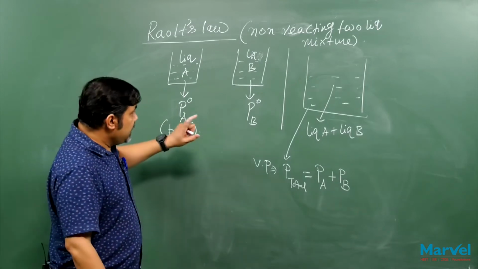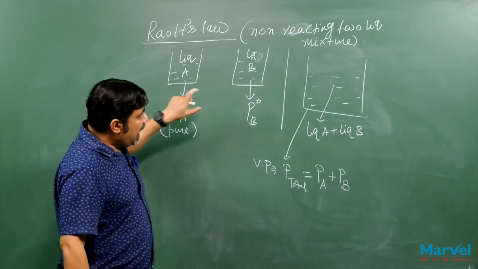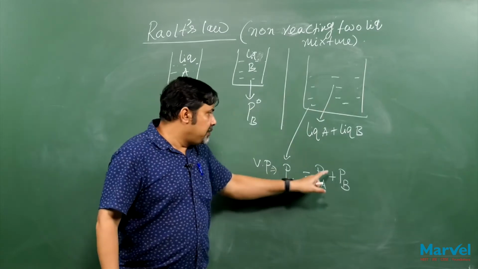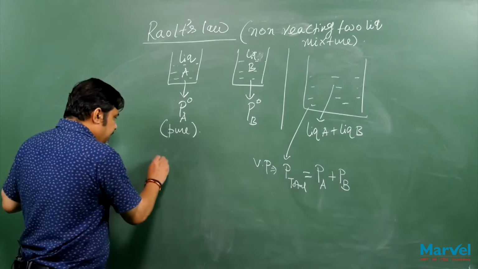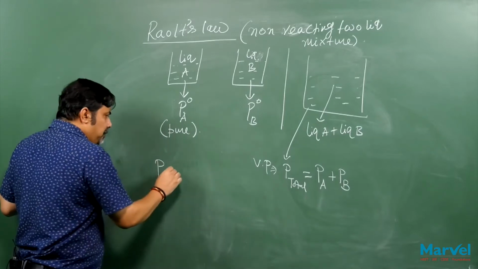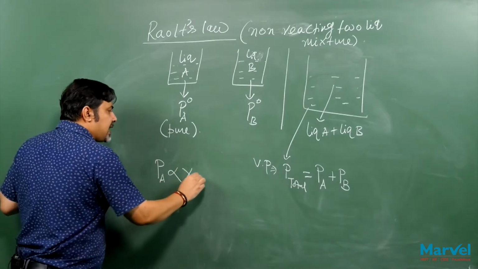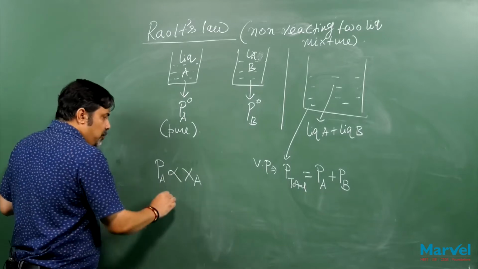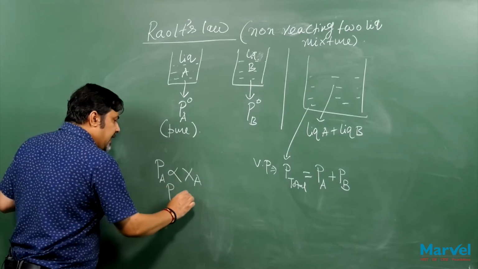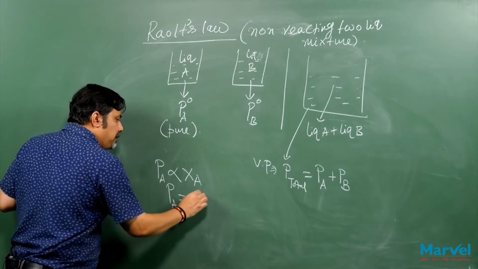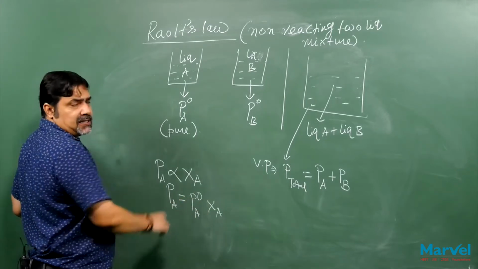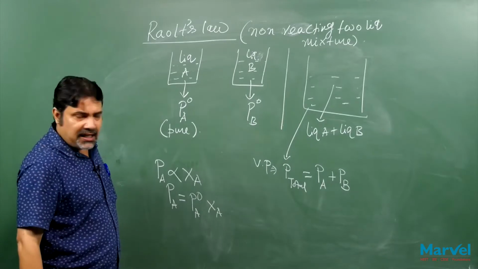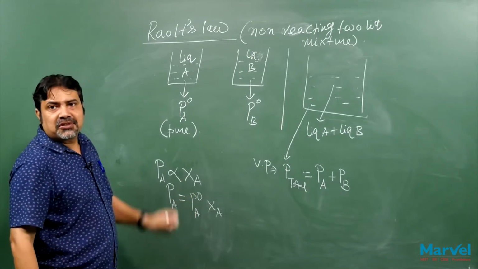So now in pure state it is PA naught, and in the solution the vapor pressure of liquid A will be PA. This PA is directly proportional to the mole fraction of A. If you remove this proportionality, then we can write PA equals PA naught into mole fraction of A. The vapor pressure of a pure liquid is a constant that we take as the proportionality constant.